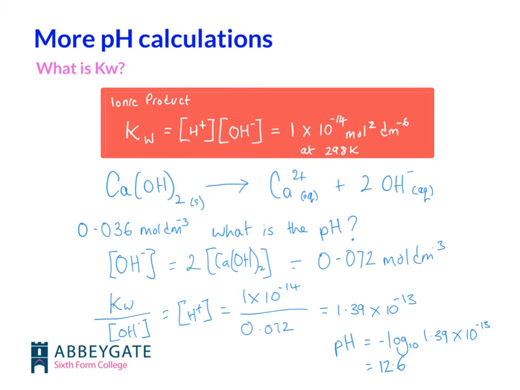Obviously, if these came out as acidic pHs, less than 7, then you might ask questions because you were working them out from a base. You should know that it should come out somewhere between 7 and 14, otherwise you know you've done something wrong.